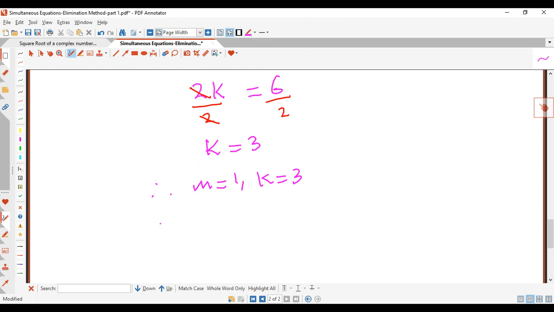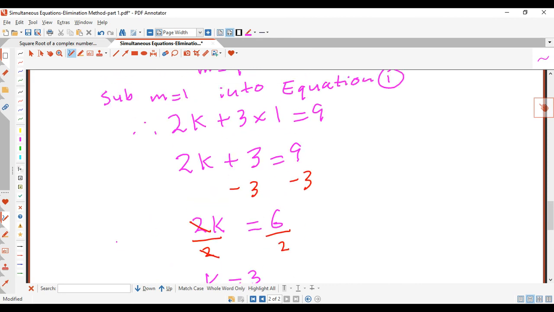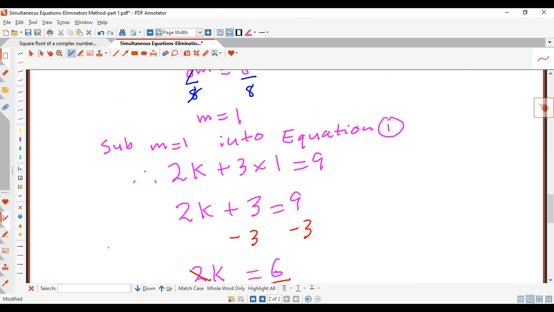Now, just remember, when you're deciding whether to add or subtract the equations, you eliminate the terms which are matching. These terms are matching. They both have the same sign, okay?